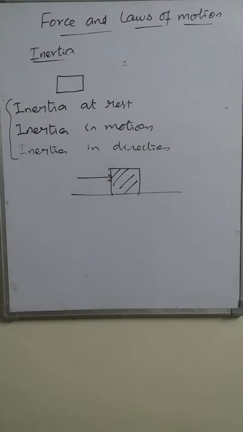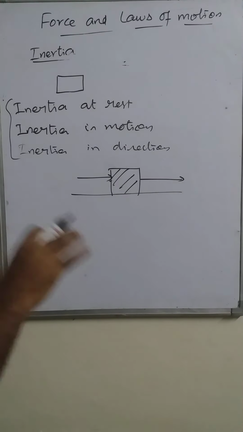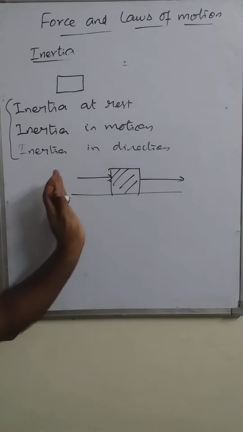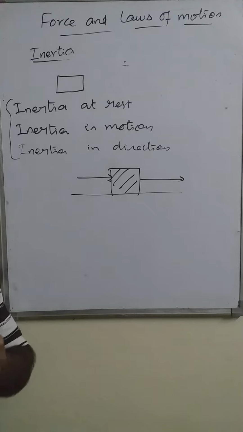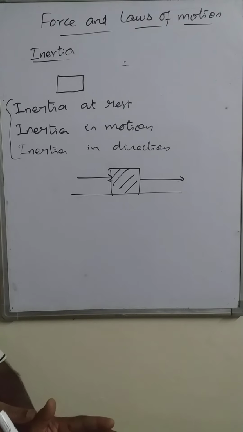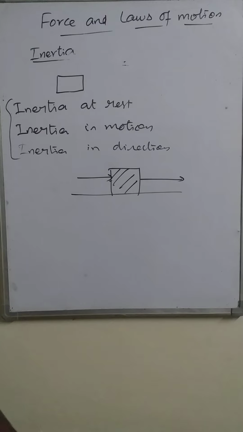If it is already in motion, if the block is moving, moved by some external source, suppose while you are playing, you kicked the ball. Once you kick it, the ball rolls on the ground continuously. Unless an external unbalanced force is applied on that ball, it remains in the same condition.